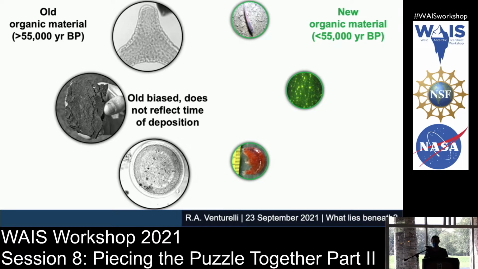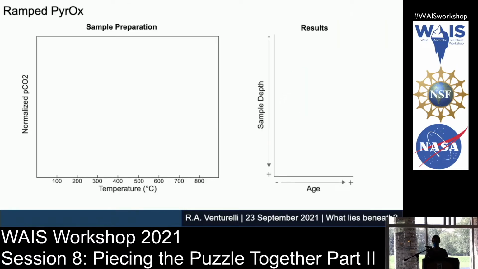So in order to use this material that we recover from the subglacial environment to tell us something about when it was deposited, we need to find a way to break apart that mixture. And the way that I have done that so far is applying a method called ramped pyrolysis, or ramped pyrox.